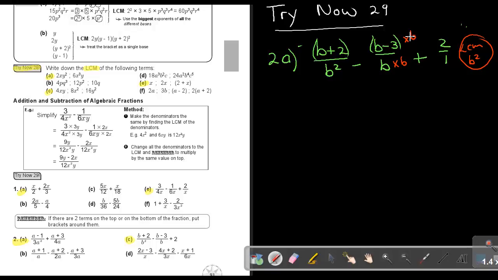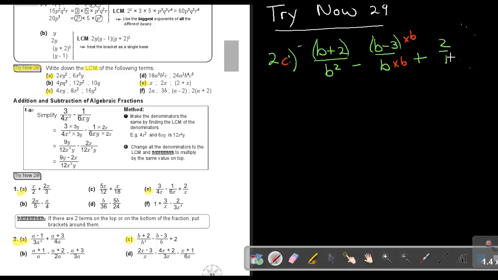Am I busy to do 2a? No, I'm busy to do, let's just mark it, I'm busy to do 2c. This is the one I'm busy doing. Okay. So if I multiply this, so basically I'm just going to multiply this with b. Okay, let's just clean this also. Otherwise we're going to confuse.